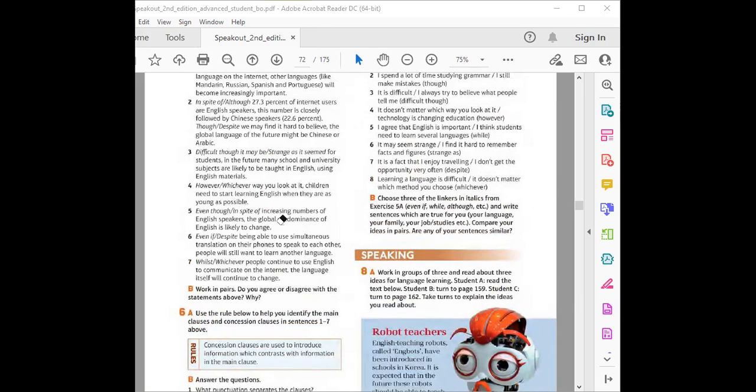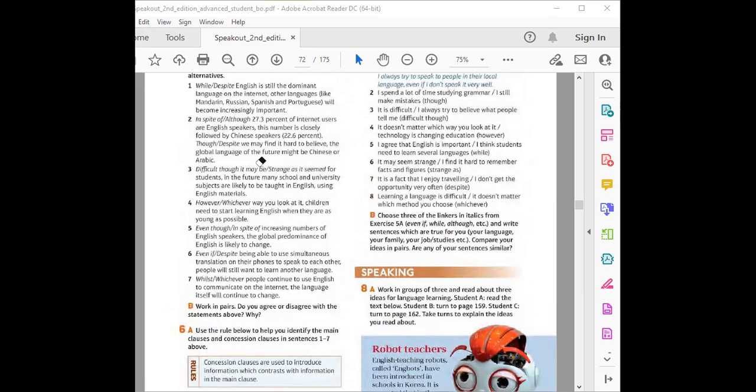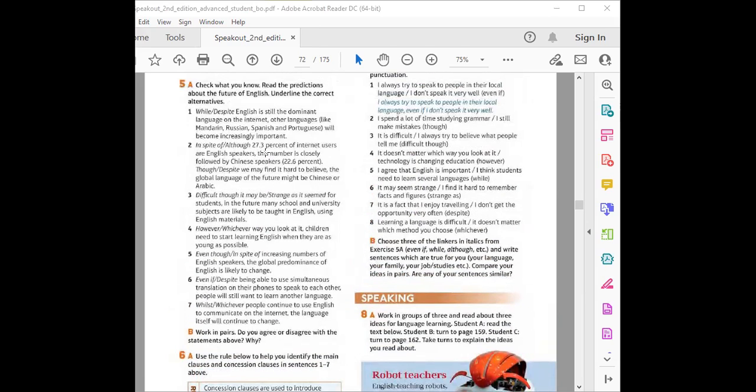Look at number 2, for example: although 27.3% of internet users are English speakers, okay, this is information. The other information after the comma is that the number is closely followed by Chinese speakers, 22%. So here you can feel the contrast, right? And this is exactly why we use these kinds of phrases or clauses. Okay?